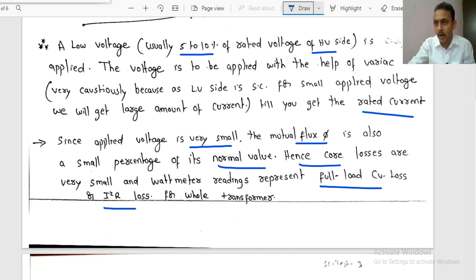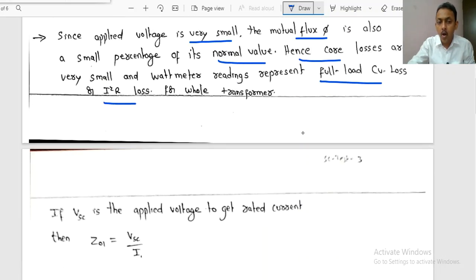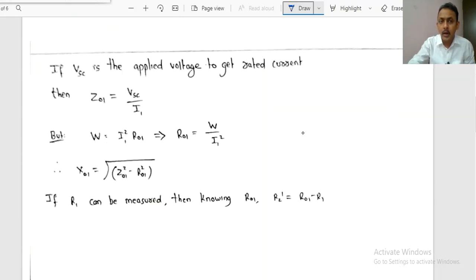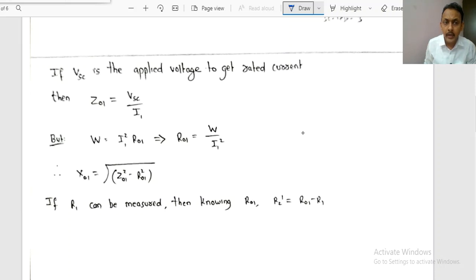This is an important point. If VSC is the applied voltage, which is normally some 5 to 10% of its rated value, then based upon the voltmeter reading and ammeter reading, Z01 is calculated as VSC by I1, and the wattmeter reading will be equal to I1 square R01.